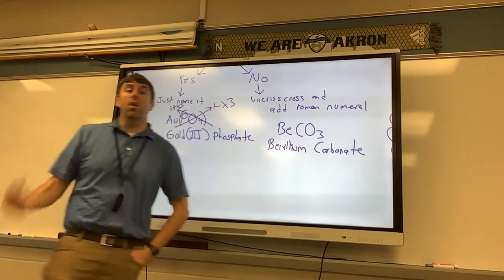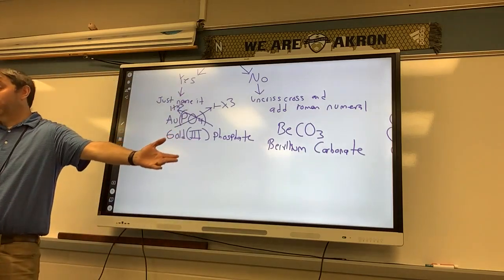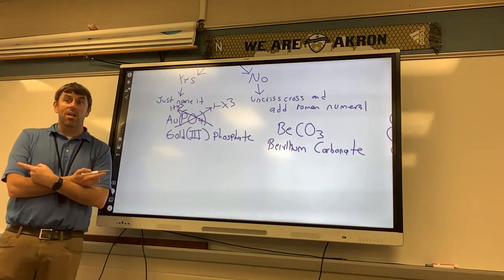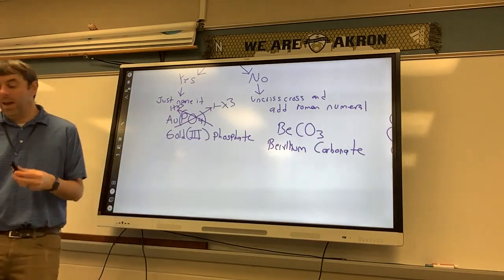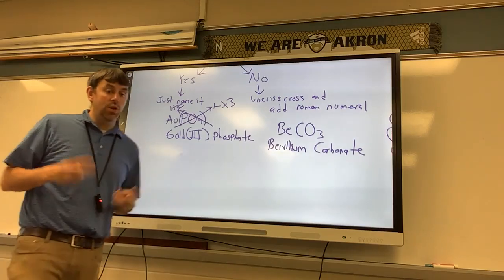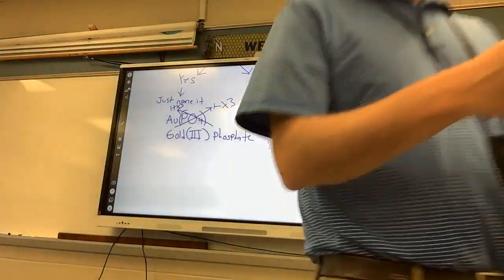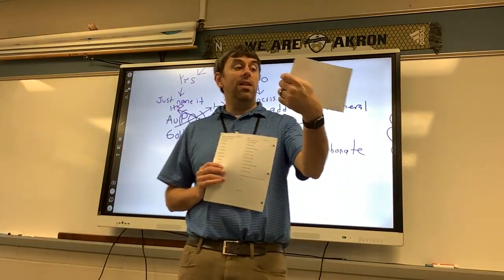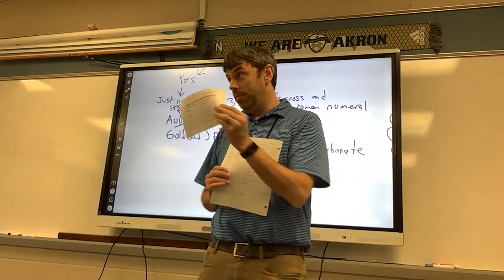If you know the charge, you just write first name, last name. If you don't know the charge, you've got to uncrisscross. That's it. Tonight, your homework is 2 things. Thing number 1 is this half sheet, which has all transition metals on it.